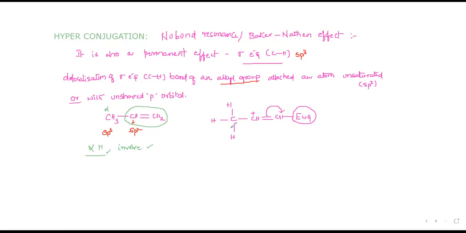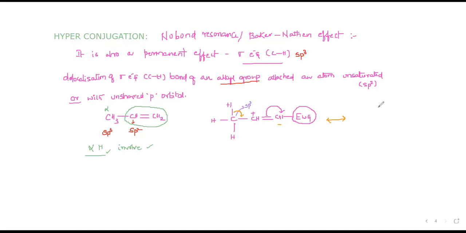And this carbon, which is sp3 hybridized, shifts the hydrogen bonded electrons towards this side, giving hyperconjugated resonating structures like this. We'll represent the negative charge here.